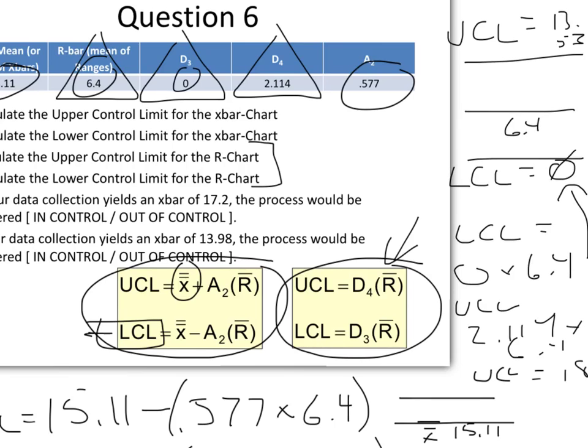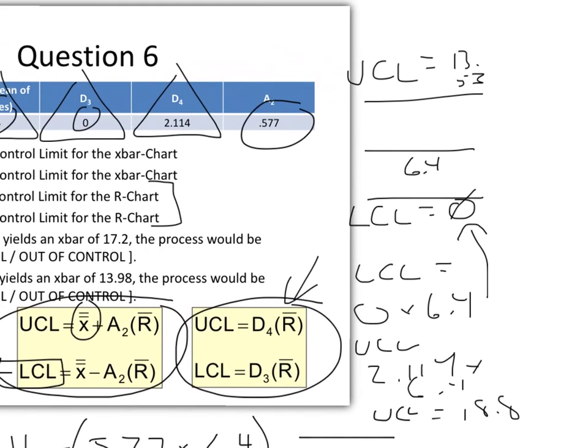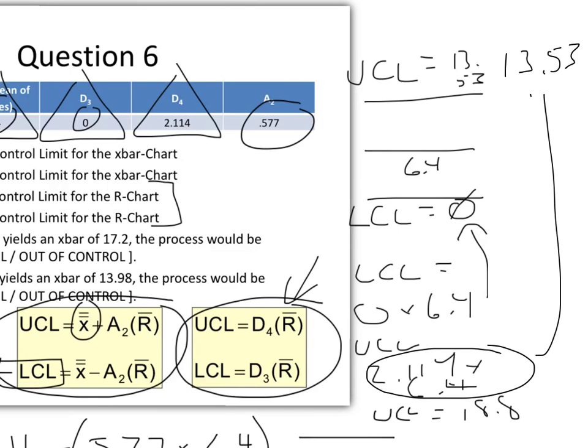Hopefully I can write that a little bit better for you. So that should be the upper control limit, 13.53. When you multiply 2.114 times 6.4, you get this result here. Okay, so these are our upper and lower control limits for the range, the variation in this process.